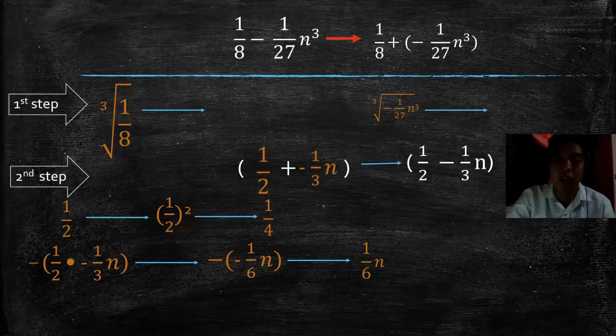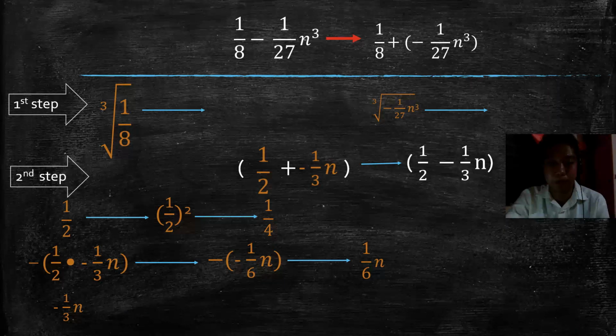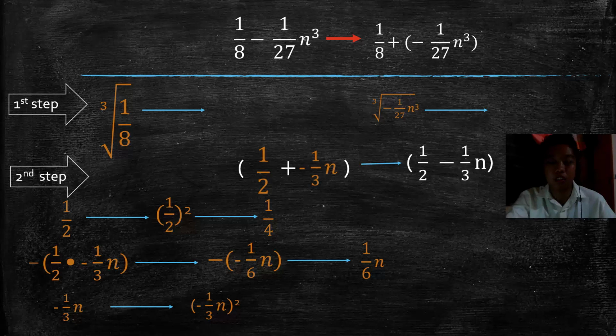And the last step is yung second term naman. Kukunin natin yung square. Okay, so, negative 1/3, multiply to itself, negative 1/3 to the power of 2, we have positive 1/9 kasi negative times negative, we have positive. 1/3 times 1/3, we have 1/9.